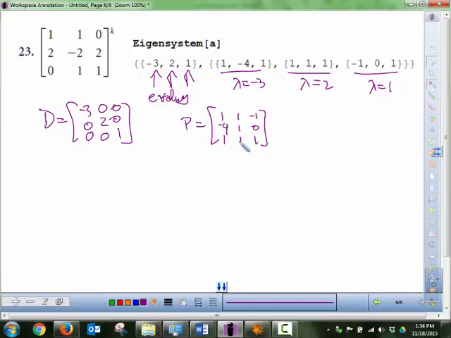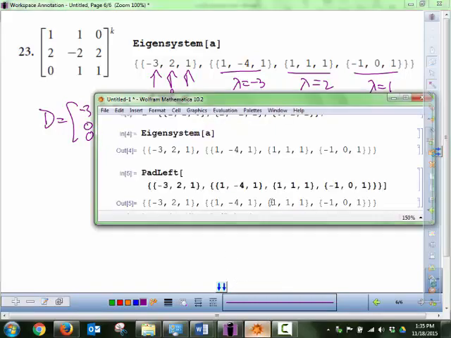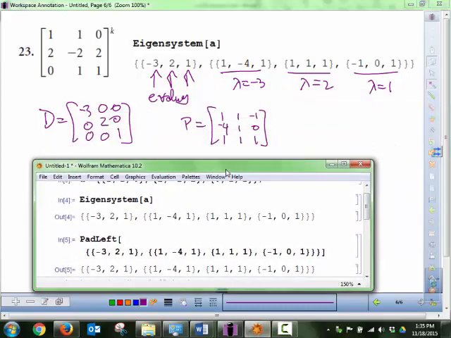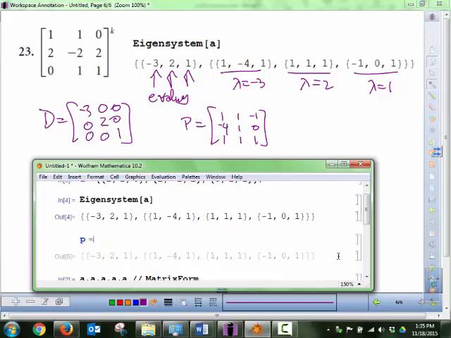And then we would want the inverse of this, which we can use Mathematica again for that. So let's go ahead and find the inverse of that P matrix. Pad left. It's pad left. So I'm going to type in my P matrix.